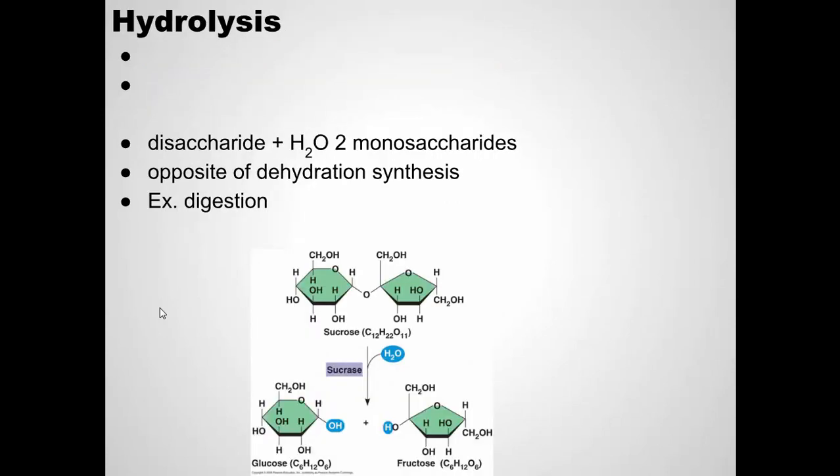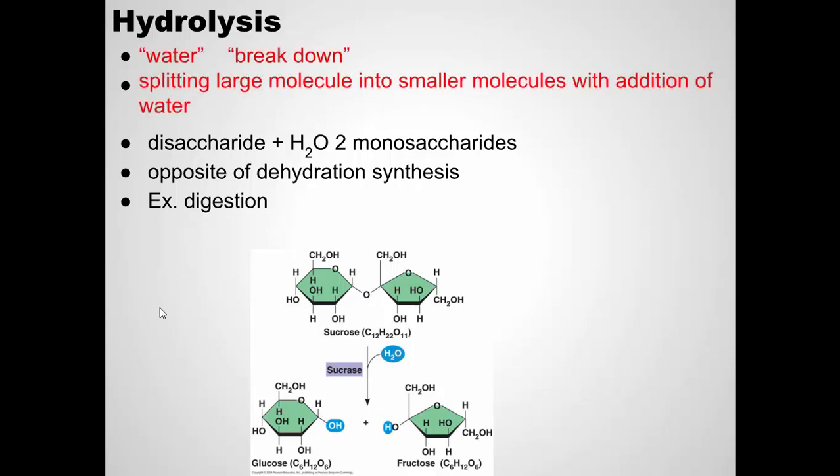The opposite of that is hydrolysis. Hydro meaning water. Lysis means to break up. And so that's just the opposite. We need to add a water molecule. So here, what is this? It has two rings. It's a disaccharide.